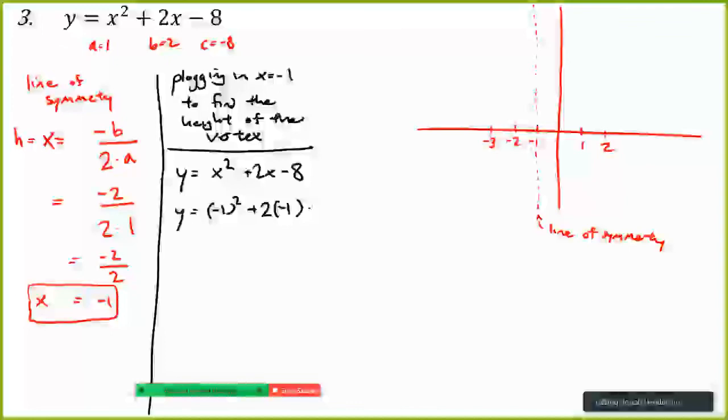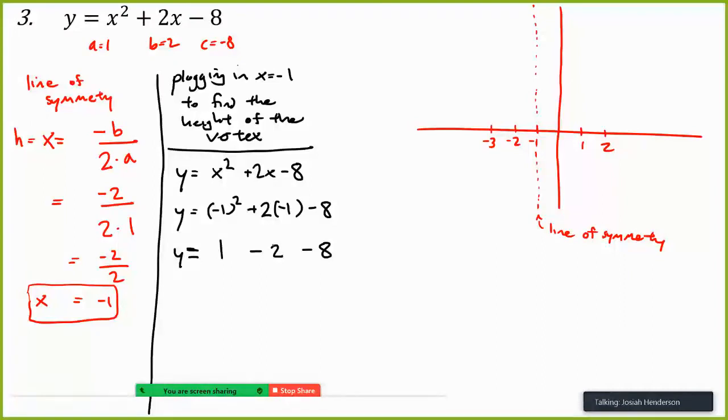Whenever you're plugging in a negative number to some equation, I always put parentheses around that negative number, just in case. If it's positive, it doesn't really matter. But if it's negative, use your parentheses. Negative 1 squared should give us positive 1. 2 times negative 1 is negative 2. Bring down that negative 8.